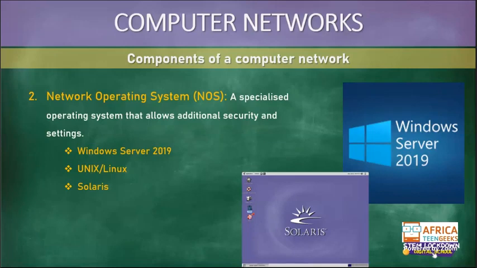Windows Server 2019, Windows Server 2000, they used to be 2003 and then 2008, and then we have Unix, Linux, and Solaris. So these are examples of network operating systems. And if you can recall, we did go through this section when we were dealing with operating software.